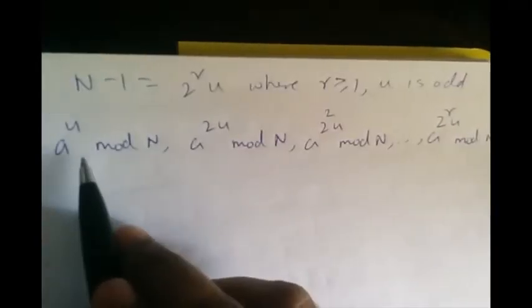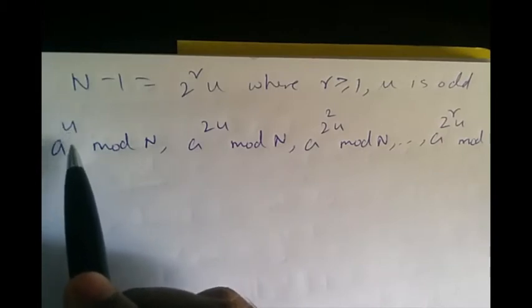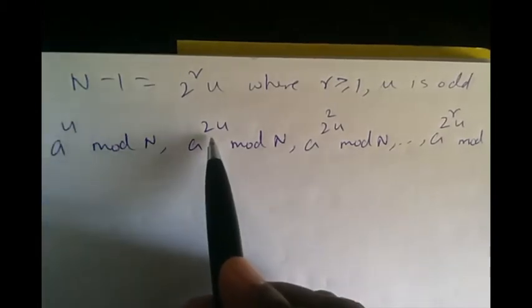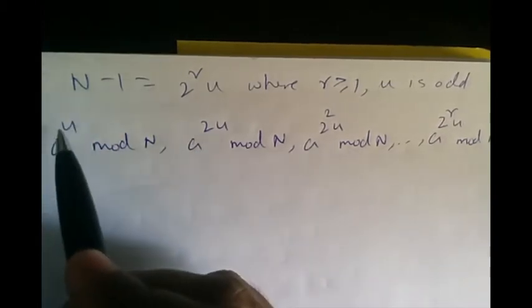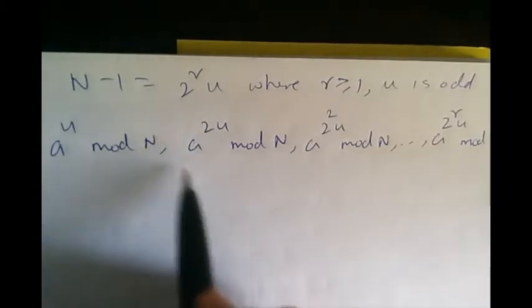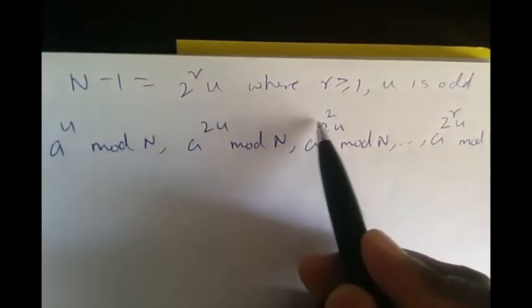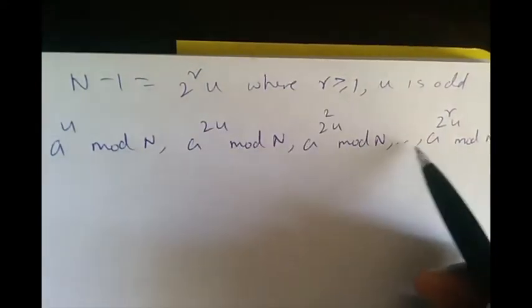So a to the u mod n, a to the 2u. So the exponent is doubling, which means that if I square this, I'll get this. If I square this, in the exponent, u will be multiplied by 2 and I'll get this. If I square this, I will get this, because in the exponent, this 2u will be multiplied by 2, I'll get 2 square. So I keep squaring.